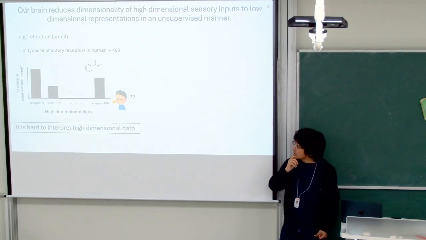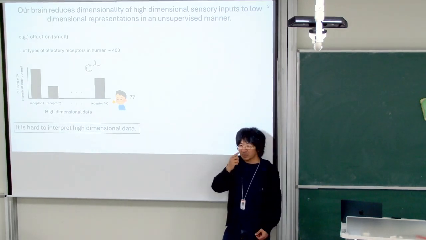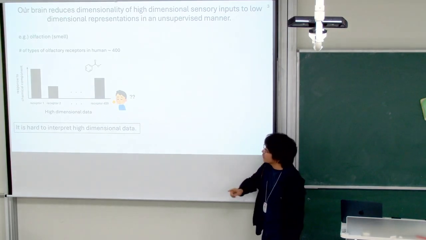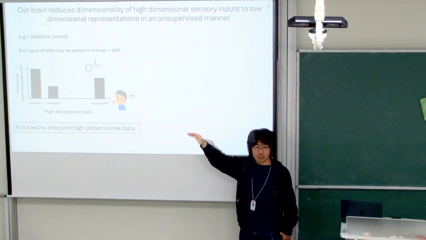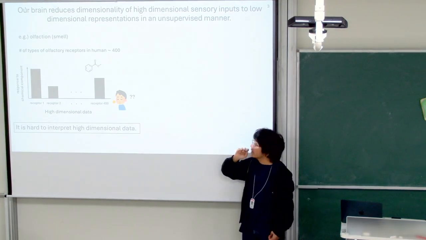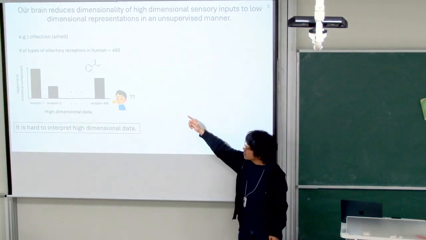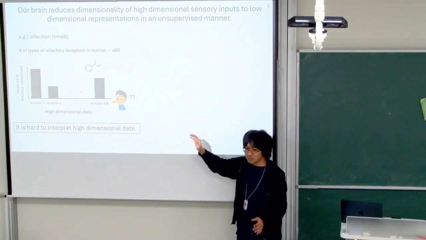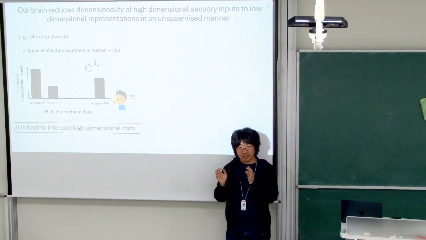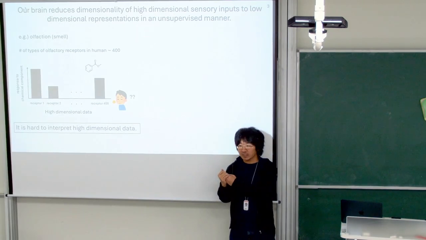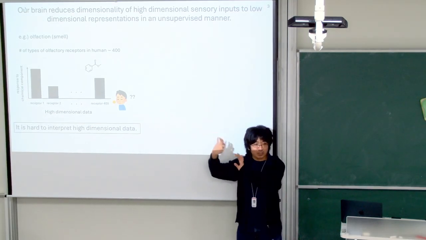So if a chemical enters our nose, 400 olfactory receptors respond to these chemicals. It means that the response is high-dimensional data.